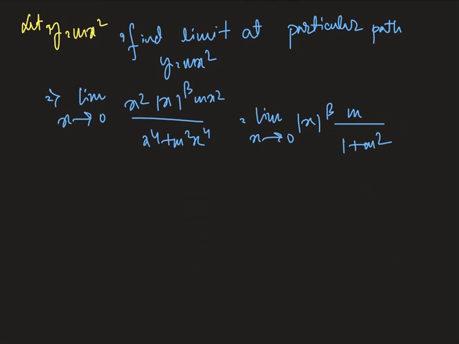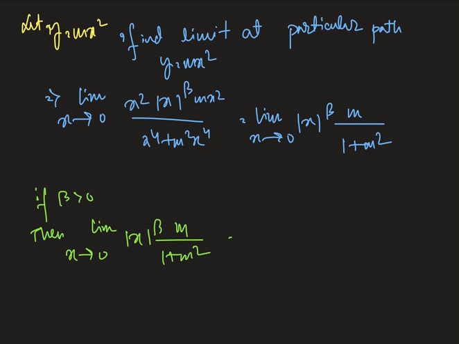Okay, now if beta is greater than 0, then the value of this limit, the limit as x tends to 0 of modulus of x to the power beta m divided by 1 plus m squared, is equal to 0.